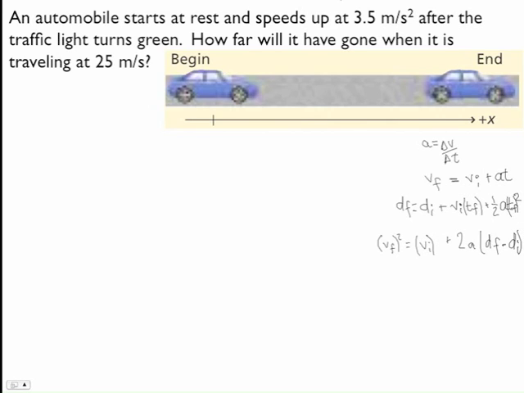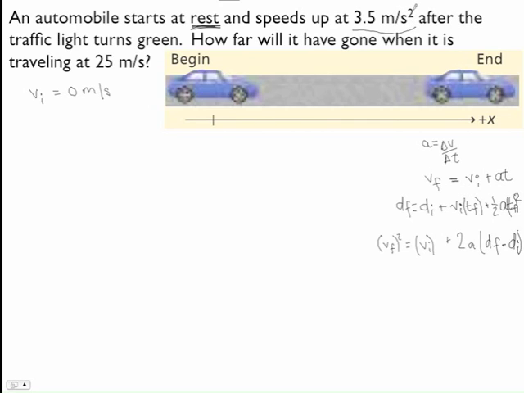Now, in this problem, they say your automobile is starting at rest. Okay, so that's a VI of 0 meters per second. And then they say it speeds up at 3.5 meters per second squared. Now, it does not say acceleration, it says speeds up.